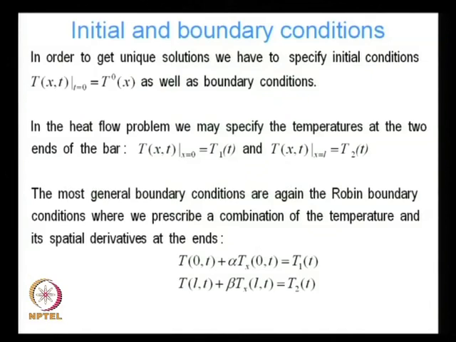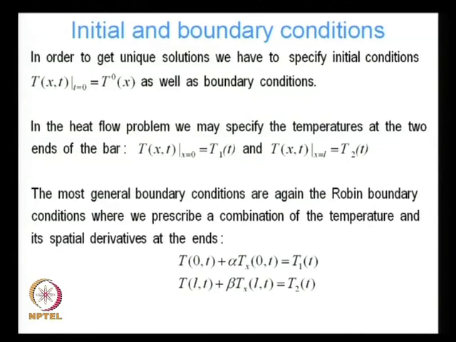I just wanted to mention in passing, like I also mentioned when I was talking about the wave equation, that the boundary conditions need not be as simple as that. We can have a mix of Neumann and Dirichlet boundary conditions. I can have a linear combination of the temperature and the gradient of the temperature specified at 0, and similarly a linear combination specified at L. In this case, it is really simple because I am just specifying the temperature at x equal to 0, so alpha is equal to 0 and beta is equal to 0 for us.